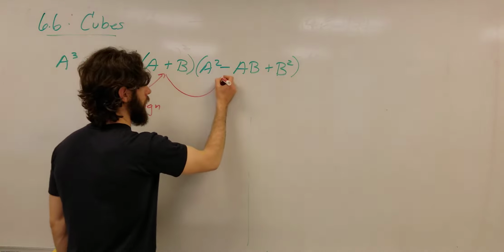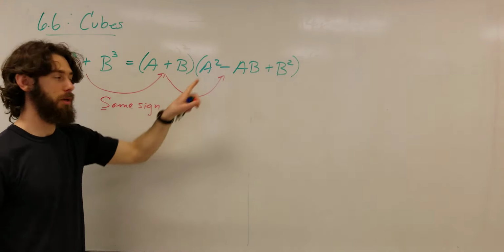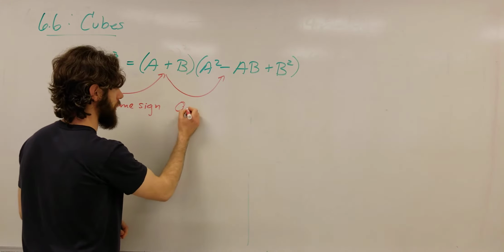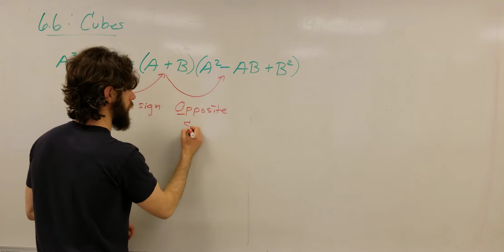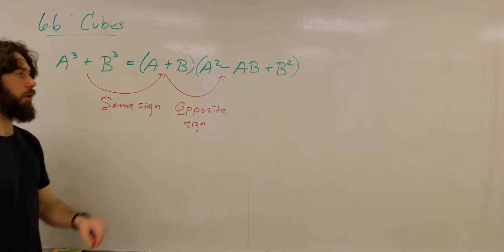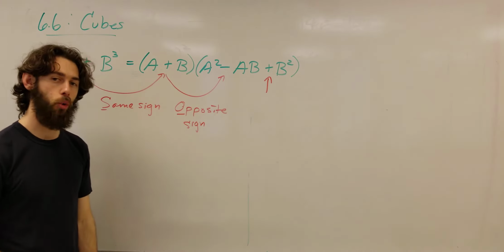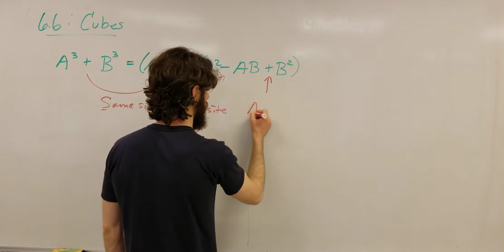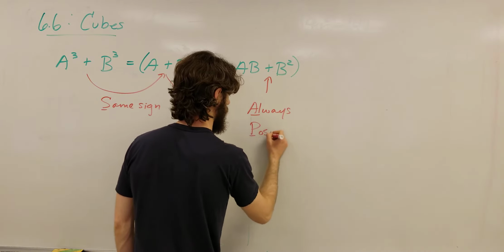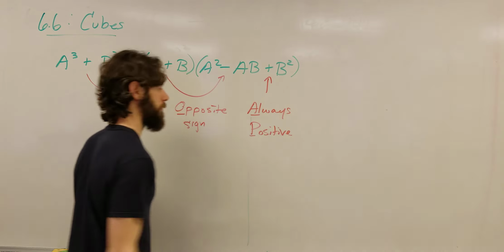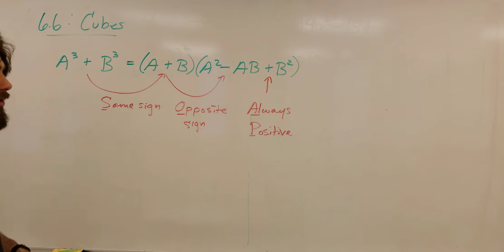And then the next thing, a squared minus ab, is always the opposite sign. That's where we get the O. And then this one is always positive. That's the A and the P. So that's why we get the SOAP rule.